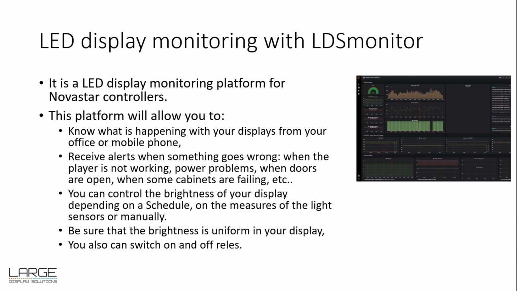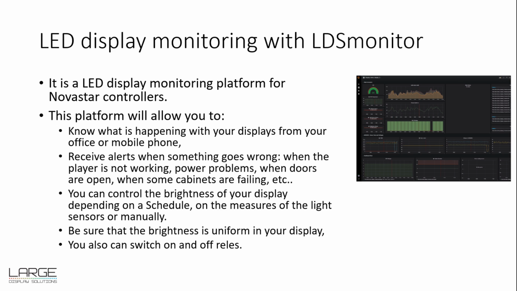You can also control the brightness of your display depending on a schedule by time, or depending on the measures of the light sensors, also manually, or not control it at all. Use it strictly as a monitoring system.